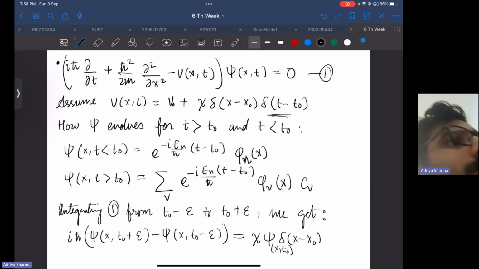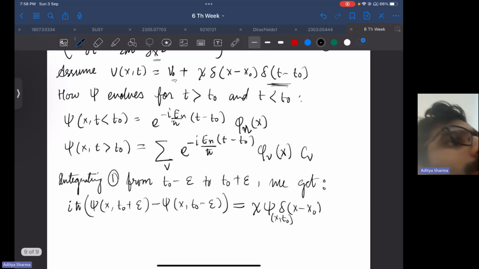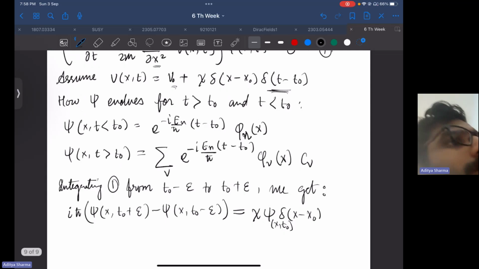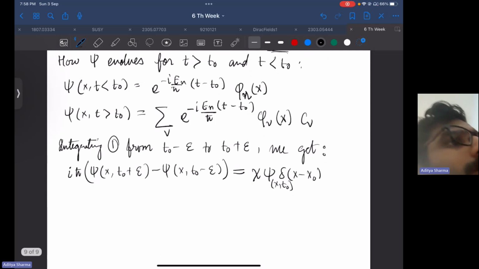The other parts, when we take epsilon tending to 0, will be 0.